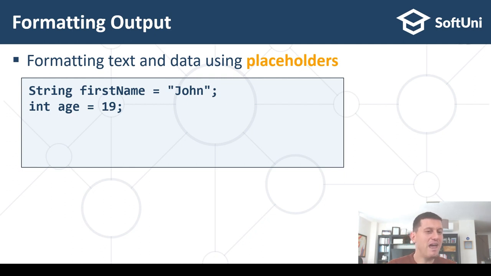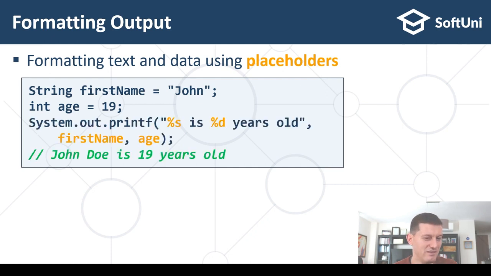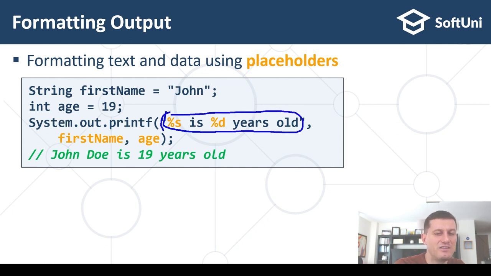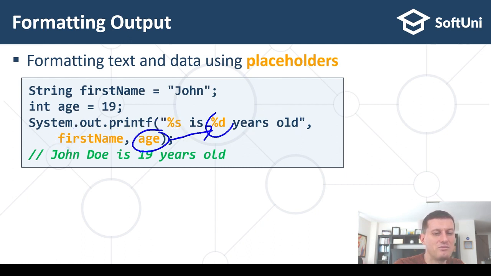For example, we have String firstName equals John and int age equals 19. So we can print this by template, by a placeholder. We want to print something is something years old, and the first something is replaced with the first name, and the second something is replaced with the age.